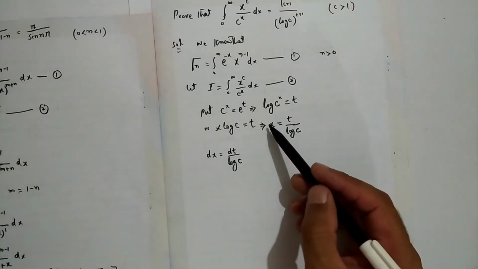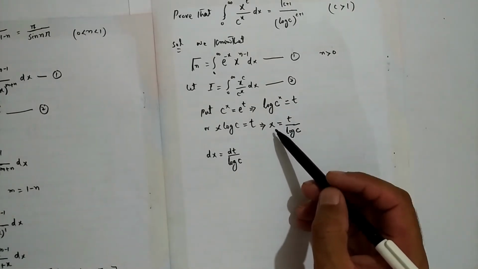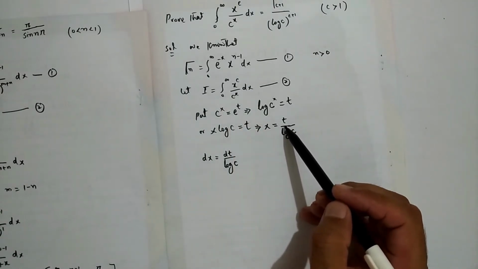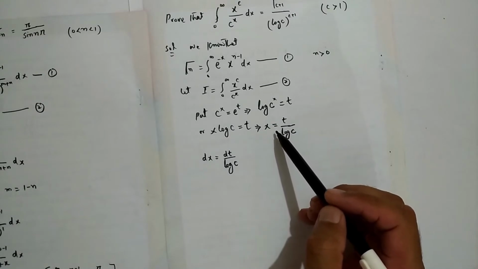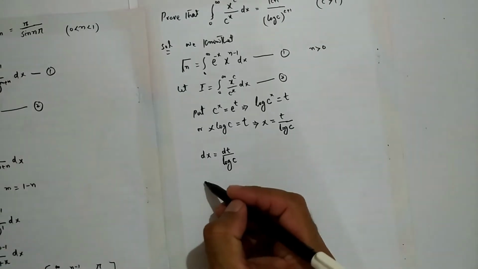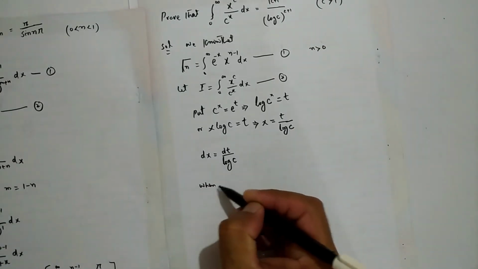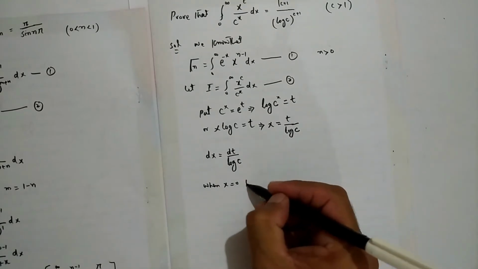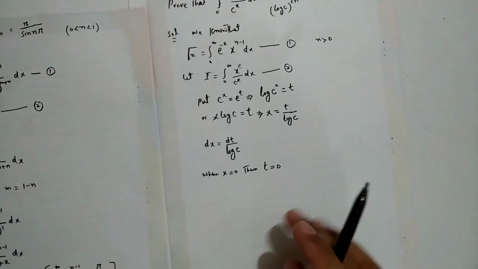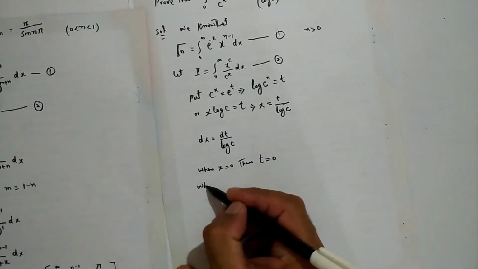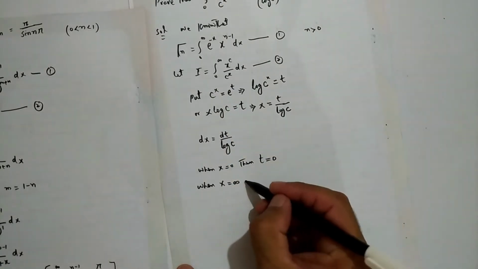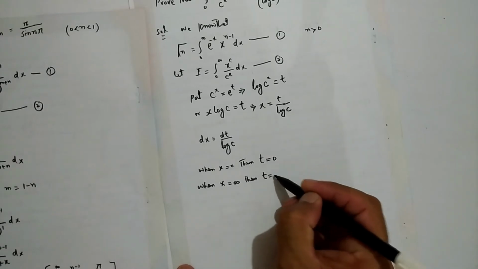When x equals 0, then t will be equal to 0, and similarly when x equals infinity, then t will be equal to infinity.